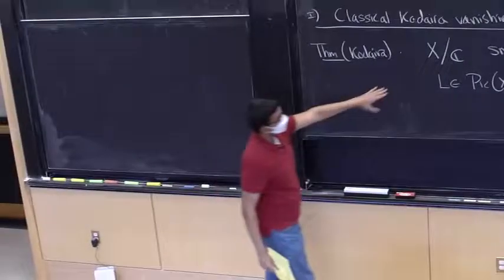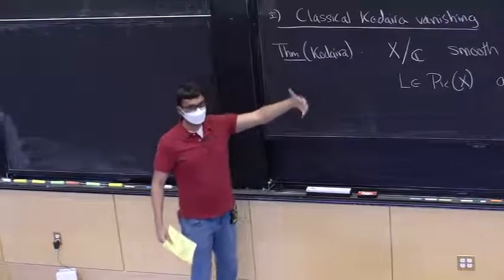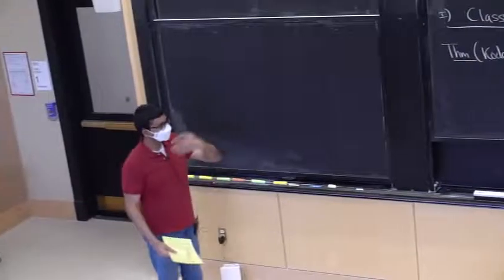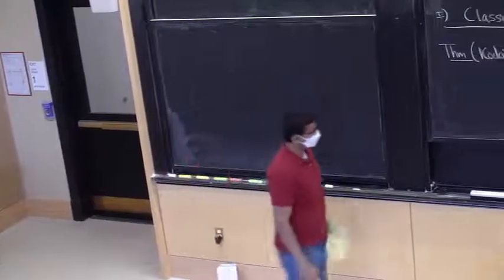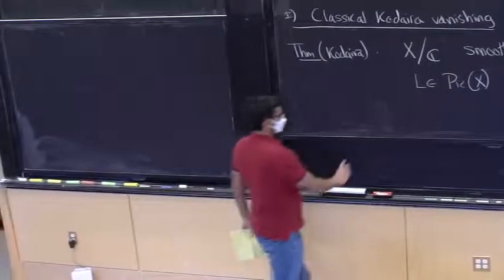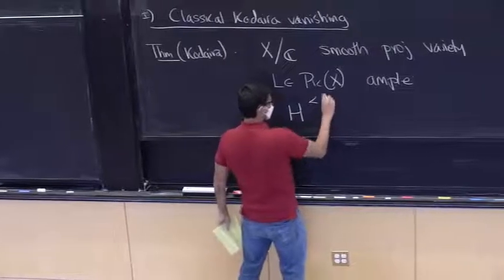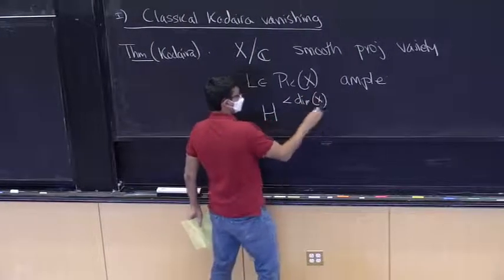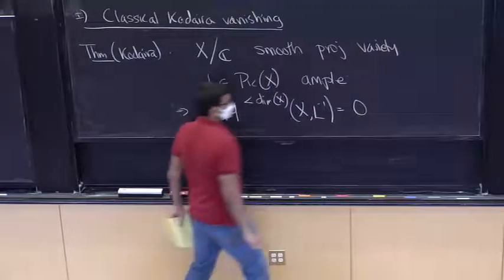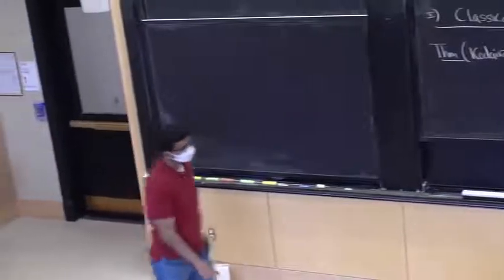For instance, you can imagine X is sitting inside projective space, meaning you choose an embedding, and then you take the tautological line bundle on projective space, the bundle of lines, O of 1, and you restrict it to X. In this context, the result is that cohomology in degrees less than the dimension of X with coefficients in the inverse of L, the inverse line bundle, vanishes.